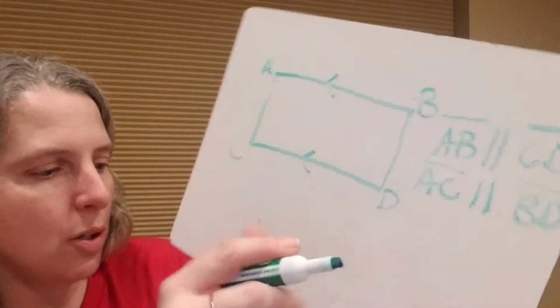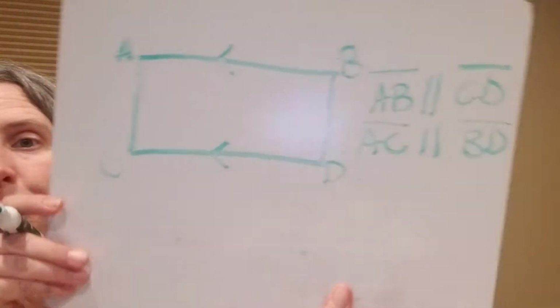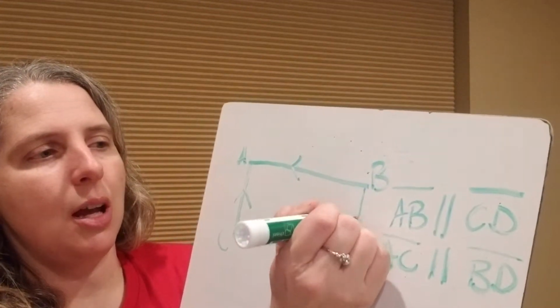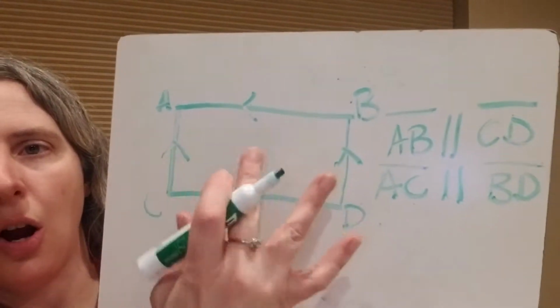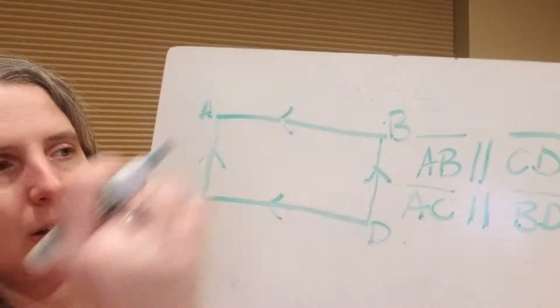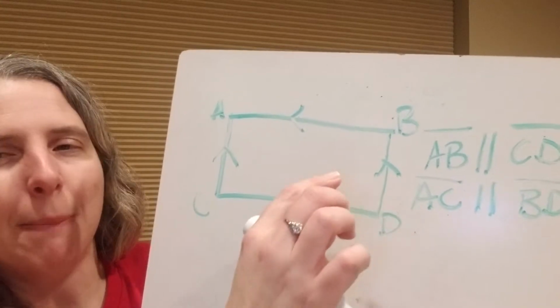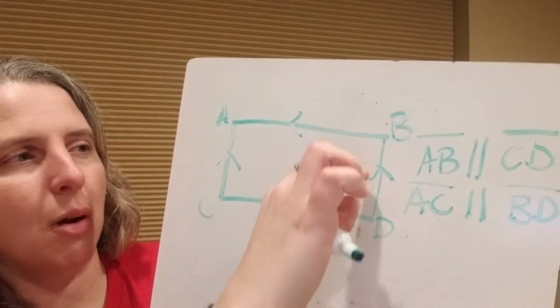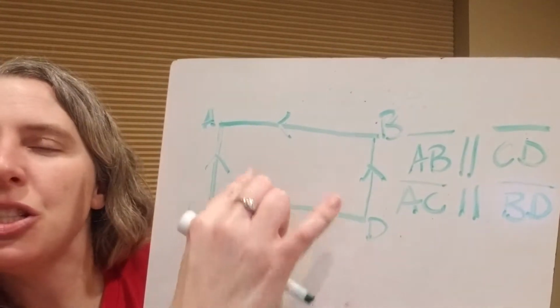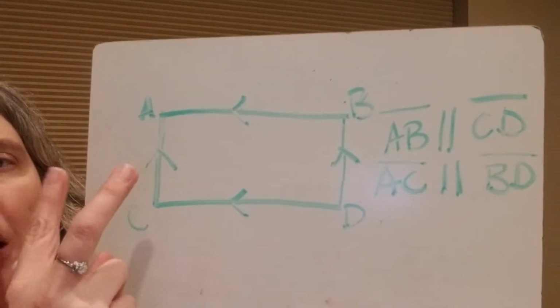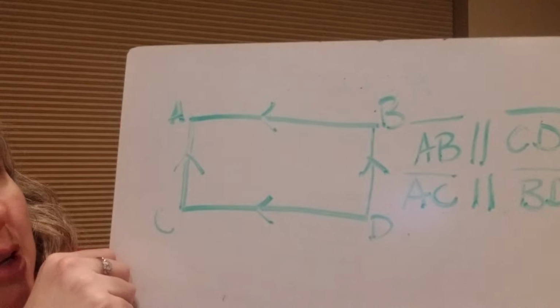Okay, so what you're going to do, you need to write that one down. And you need to write these arrowheads to show, hey, these are parallel to each other. All right, make sure the arrowheads go the same way on the parallel lines, but it doesn't matter which way. Like if you had wanted to draw them upside down, that's fine. Just do them the same way on both lines in the set of parallel lines, okay?